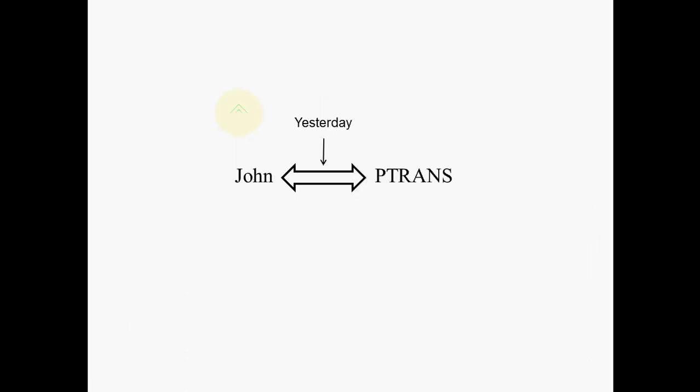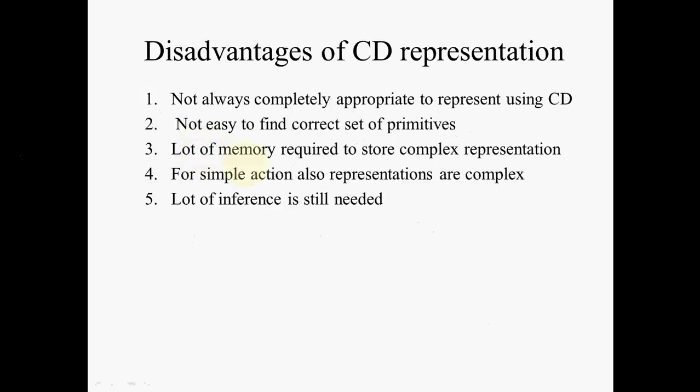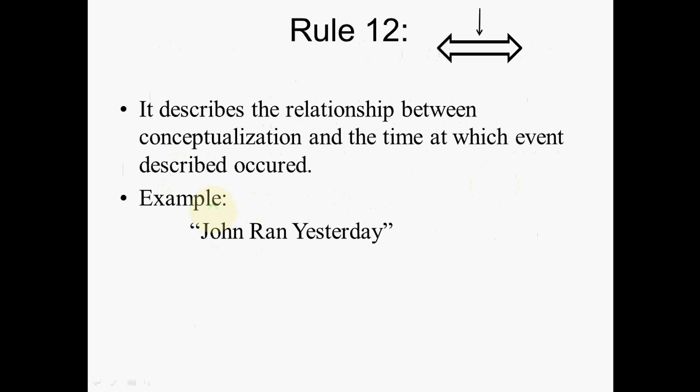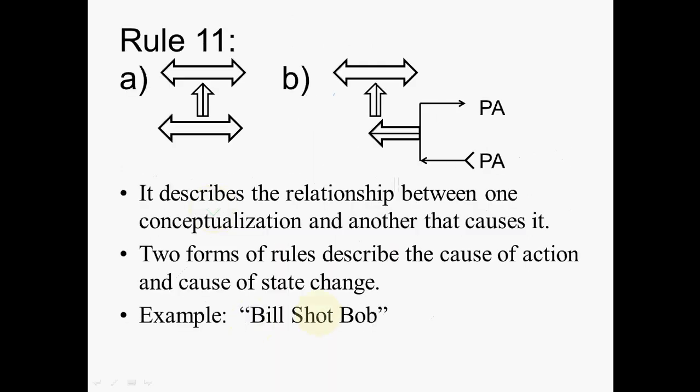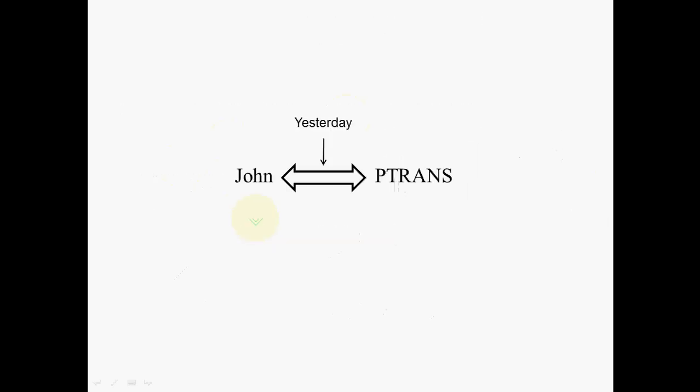So a huge amount of memory will be required to store complex representation. Then for simple actions also, representations are complex. For a simple action like Bill shot Bob, a very simple action, but see how complex the representation was, and also it was very confusing, complex, right?